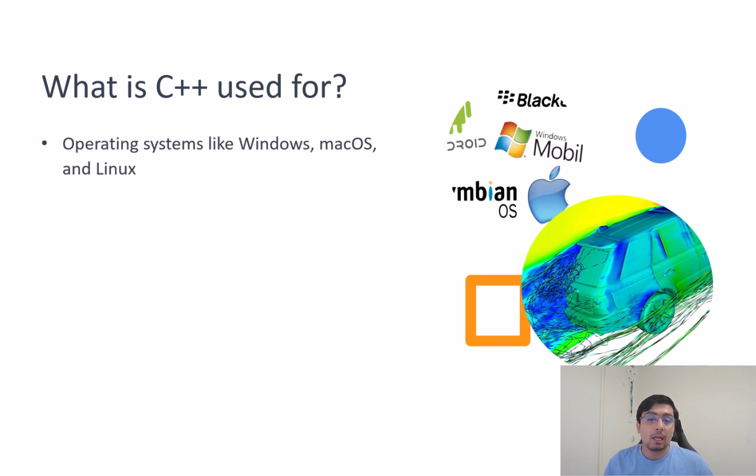First and foremost, C++ is often employed in system software development. Operating systems like Windows, macOS, and Linux rely heavily on C++ to interact with hardware, manage resources, and provide a solid foundation for running other software.